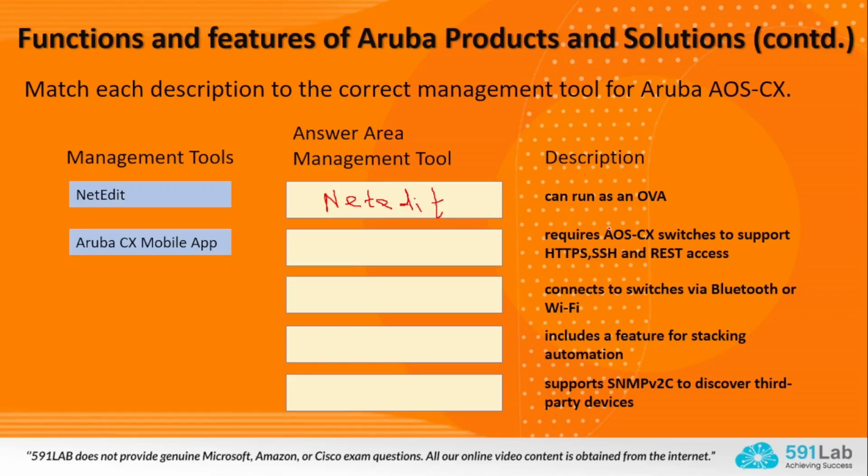Now this second description requires AOS-CX switches to support HTTPS, SSH and REST access. This is required for NetEdit because NetEdit needs switches to support these protocols. This is also NetEdit because NetEdit uses, for example, REST access to discover these devices.